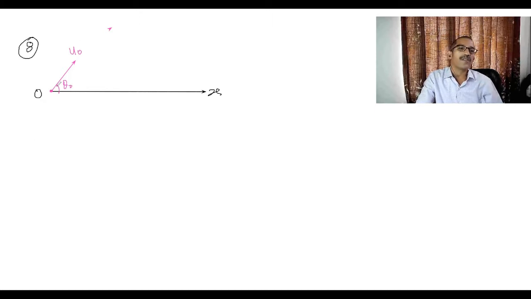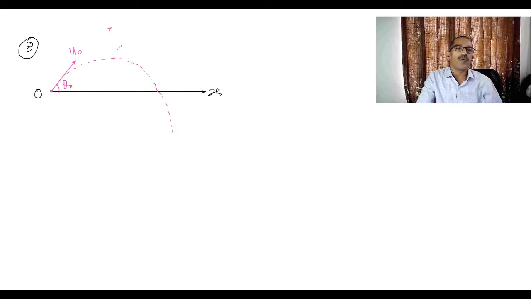Maybe initially it starts and strikes somewhere here, or it may move up to the ground, or there is no ground, there is a hill, so it may move below this level, right?